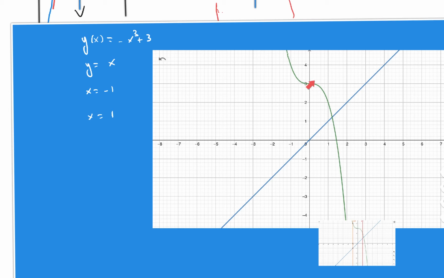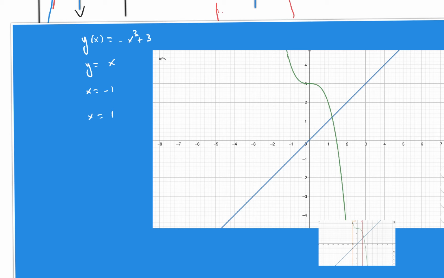It's a bad drawing. The slope is 0, so this is the graph of minus x cubed plus 3. This is the graph of y equal x. And the graph of x equal minus 1 is the vertical line x equal minus 1, and the graph of x equal 1 is this vertical line.